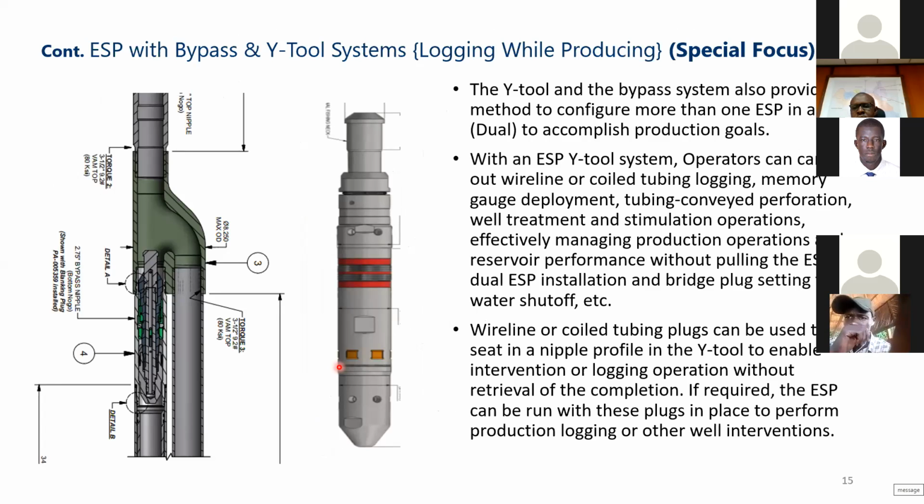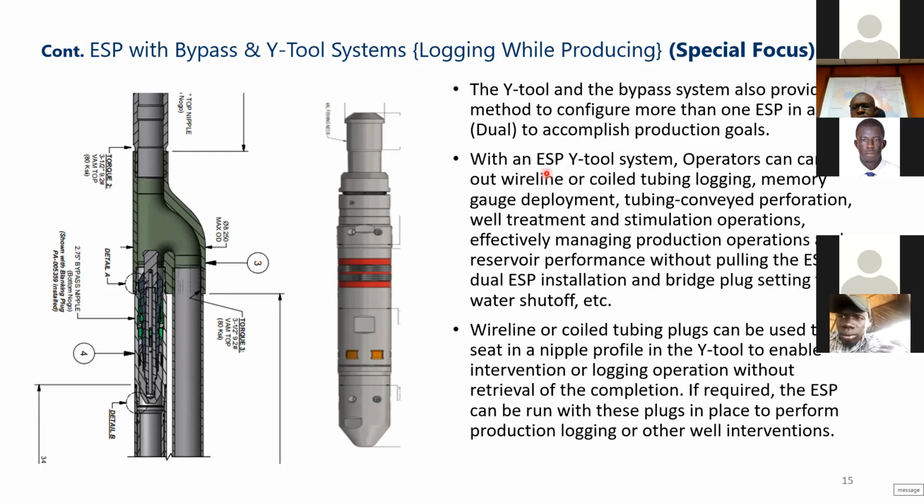So instead of pulling out the ESP just to run the coil tubing or the wireline, having a Y tool system with the bypass allows the operators to run the tool while the ESP is installed in the well.